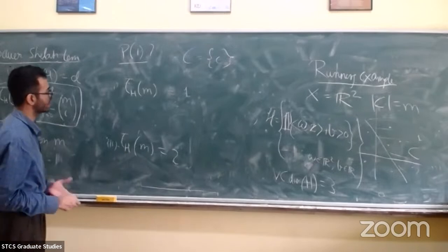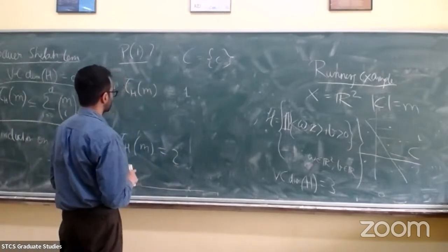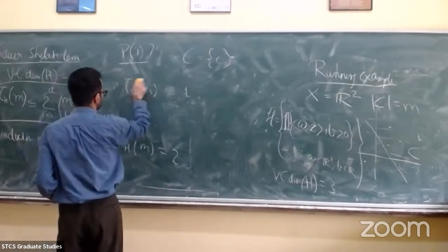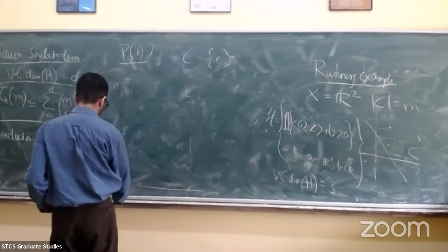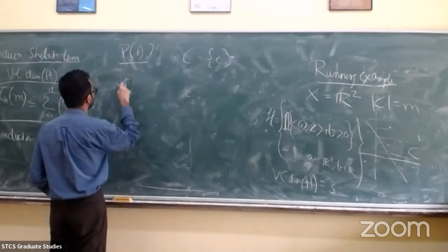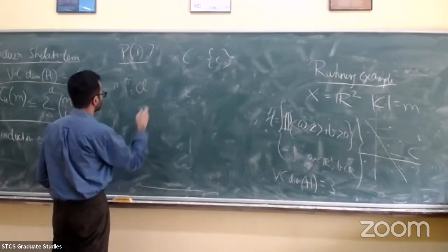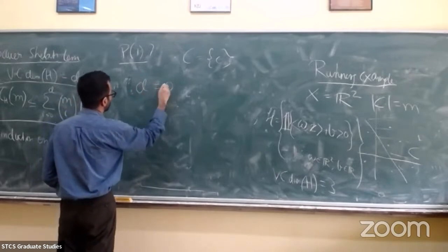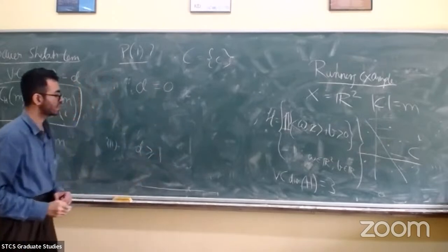Okay, let me do it the other way. It's equivalent, but I think that way is easier. So the digital dimension D is 0, or the digital dimension is at least 1. One of these two cases.